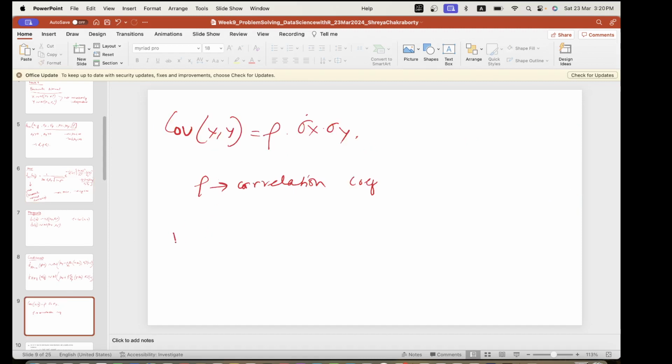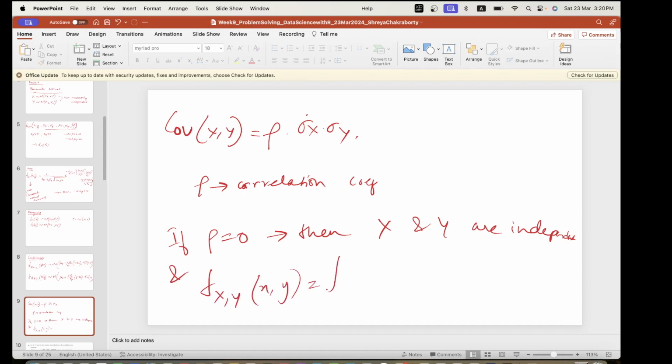So if rho is equal to 0, then we say x and y are independent, and we can write f of x, y as fx of x into fy of y. Alright, so this is the parameterization for a bivariate normal case.